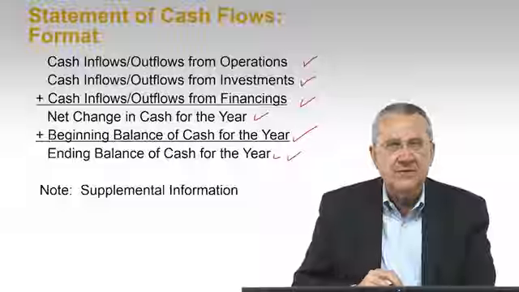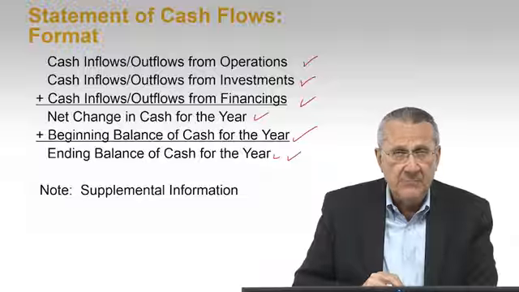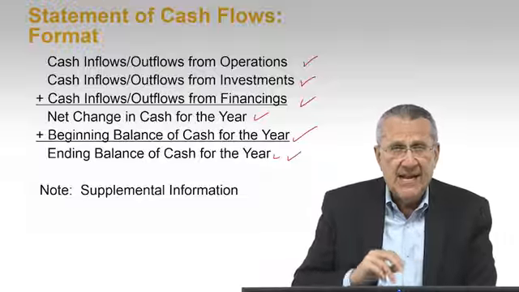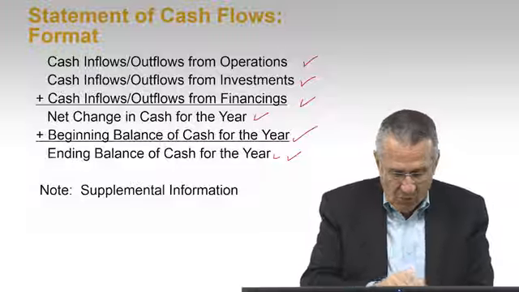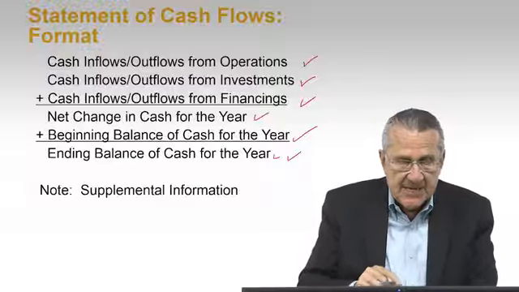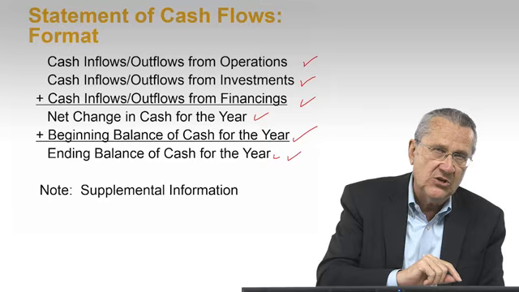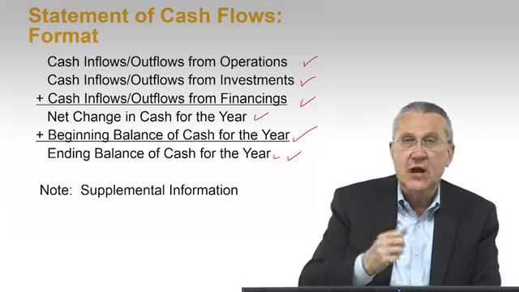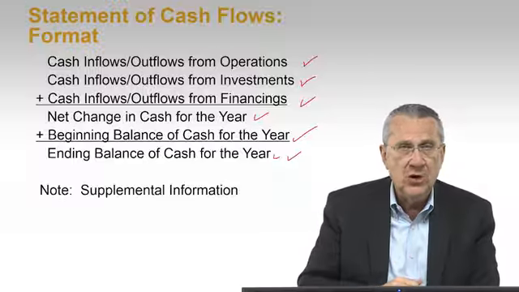Now, we do such a good job of describing changes to major accounts in the body of this financial statement that it was decided that we should also provide as supplemental information exchanges that didn't involve cash. So we're going to provide in supplemental information an indication of the nature of transactions where we may have exchanged common stock for land or a note for new equipment.